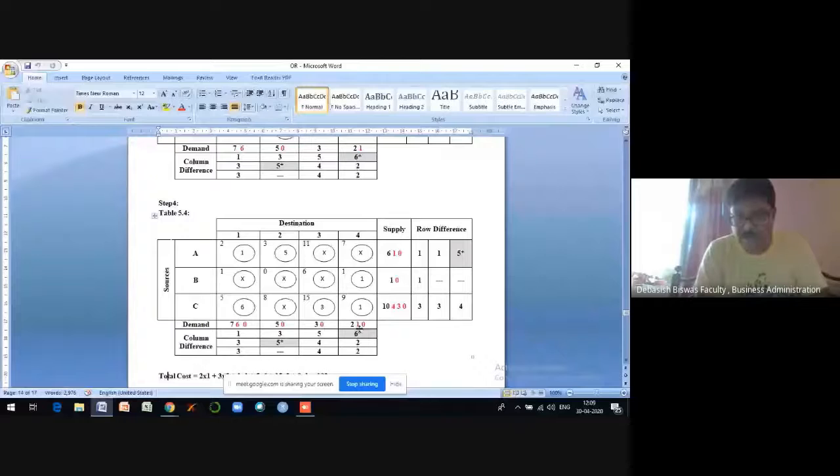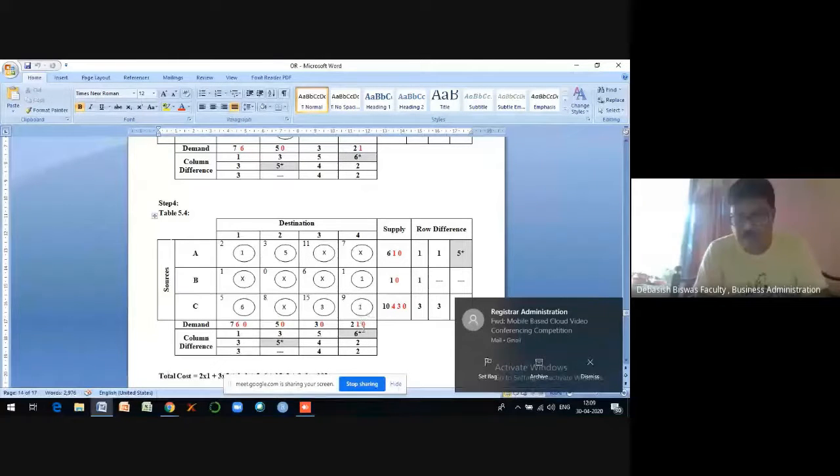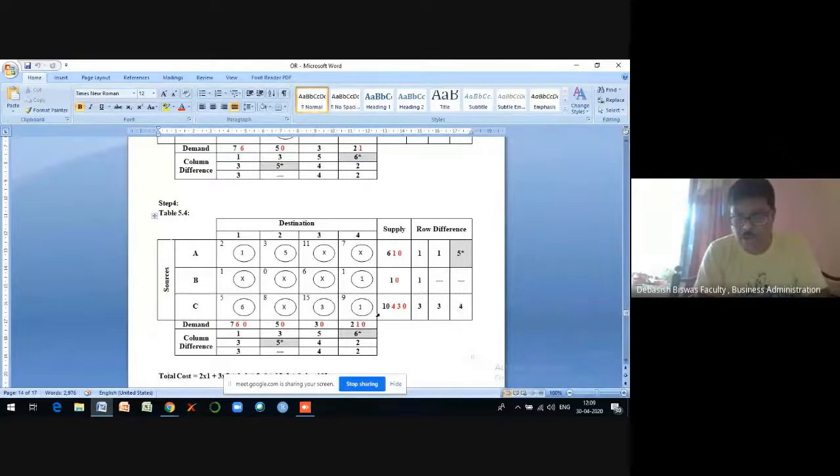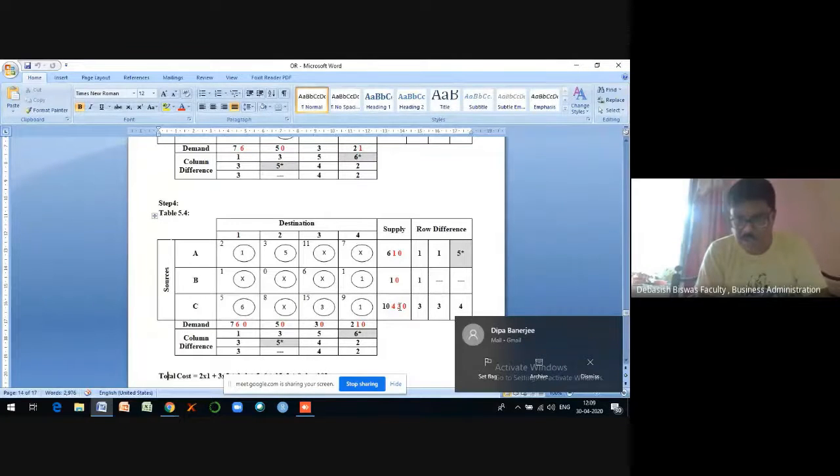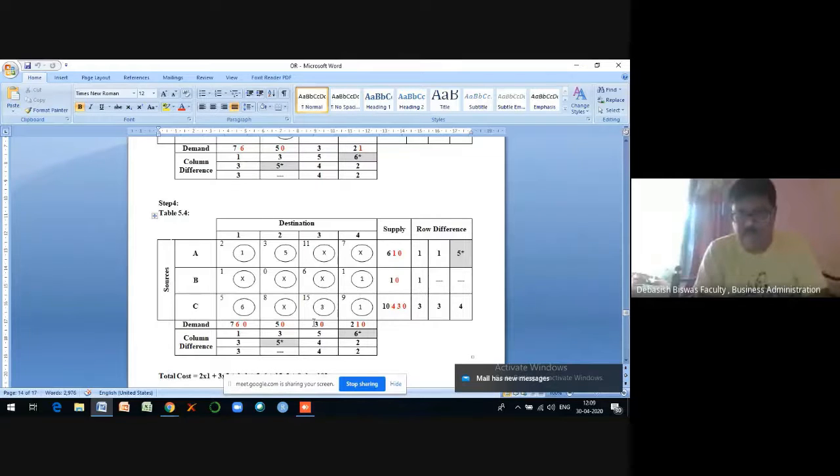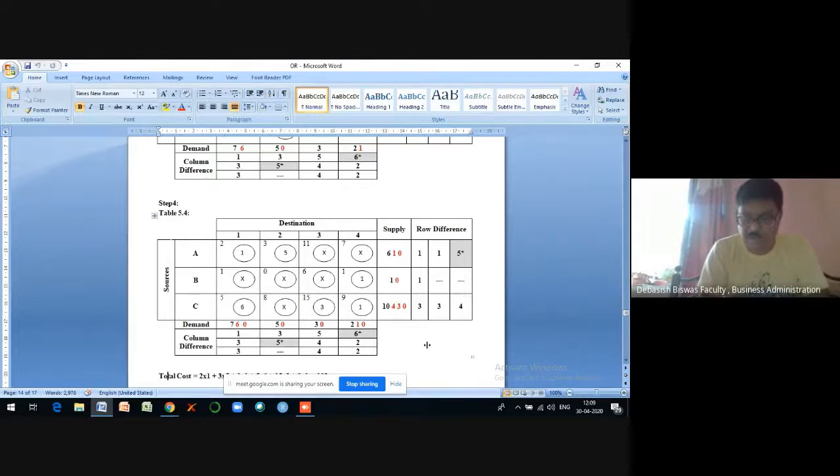So when we are allocating 1, then this column will be 0 and 4 minus 1 is 3, right? Now only one element is left, that is 15, and the supply is 3 and the demand is also 3. So we allocate 3. The demand will be 3 minus 3, 0, and the supply will also be 3 minus 3, 0. So no element is left. So we have completed our transportation problem.